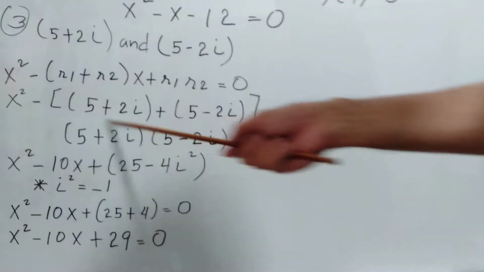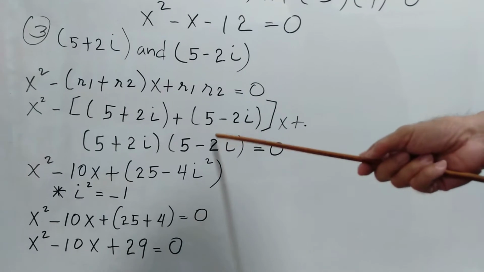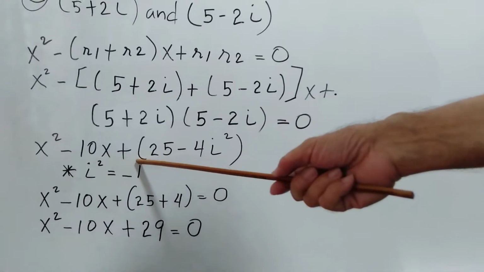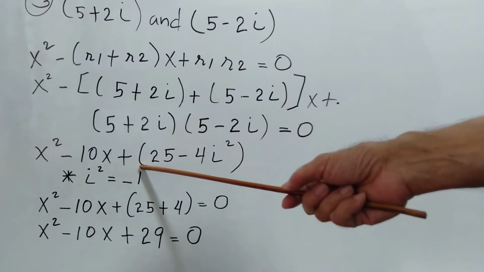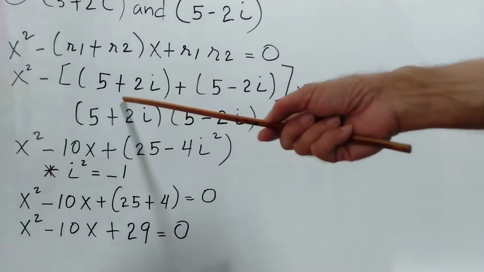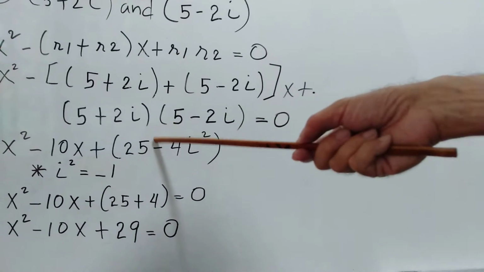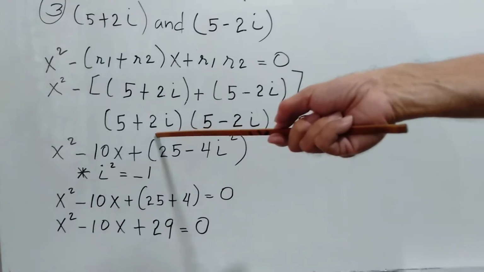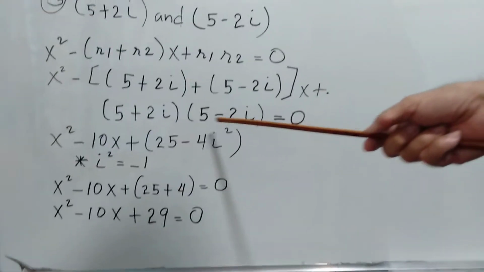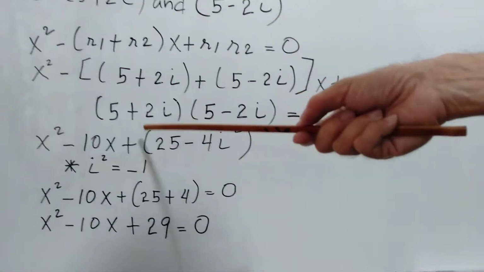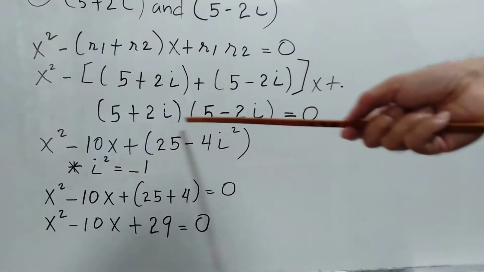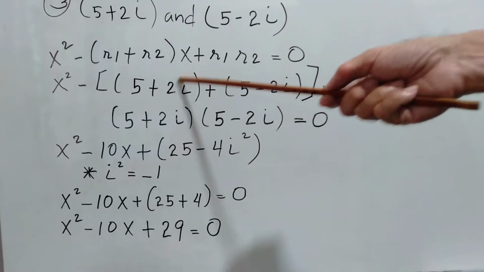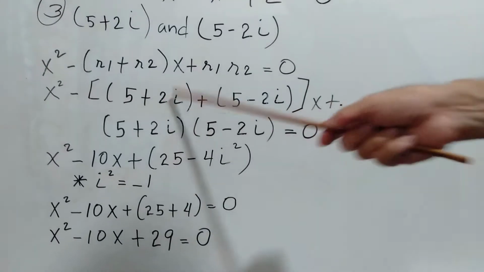So combining the terms inside the parentheses, that is 10x. Multiplying this, 25 minus... on the 10x, the 2i and minus 2i cancel out. On the third term, we multiply 5 times 5 is 25, and 2i times 2i is negative 4i squared. So the 2i and negative 2i cancel out in this portion.